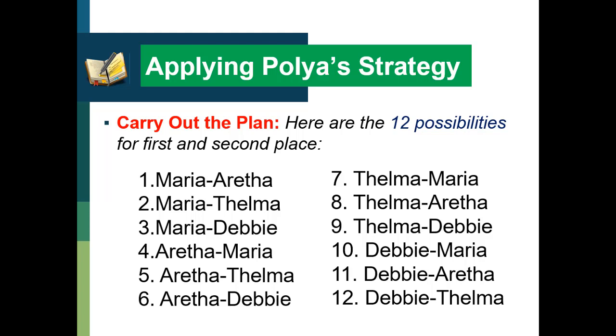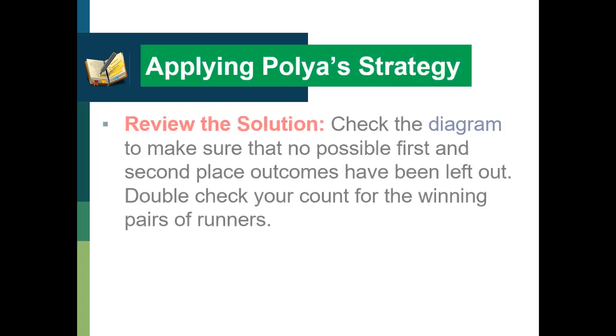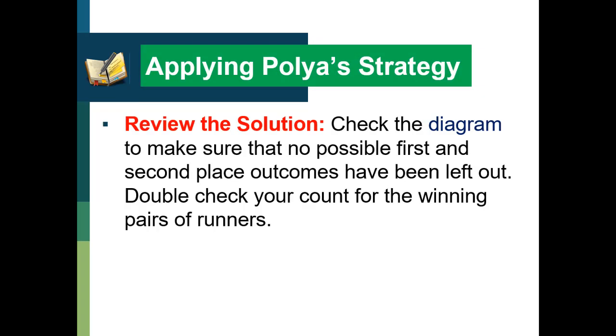Did you get it? Alright. To review our solution, you can recheck the diagram to make sure that no possible first and second place outcomes have been left out. Or double check your count for the winning pairs of runners. Maybe there are duplications, but in our list, we have just observed that every possible order was listed once.